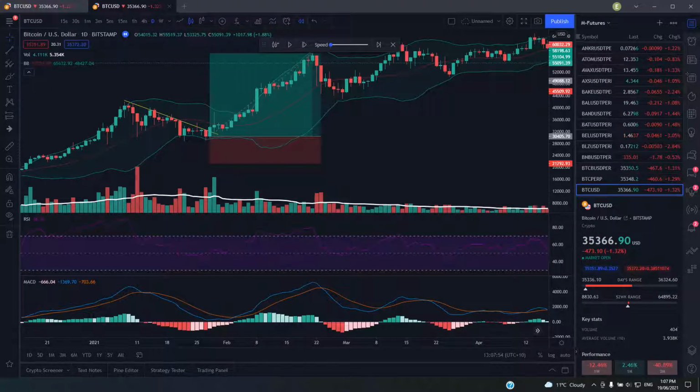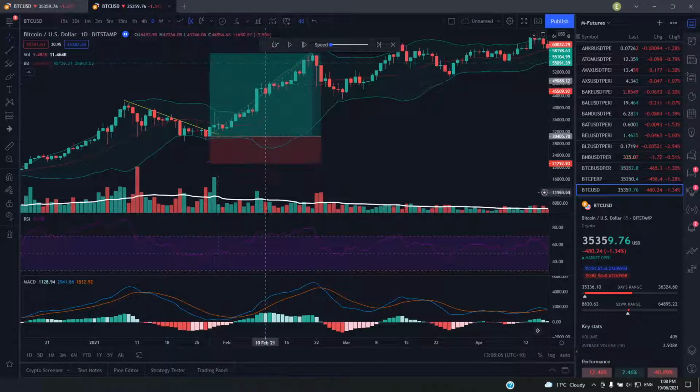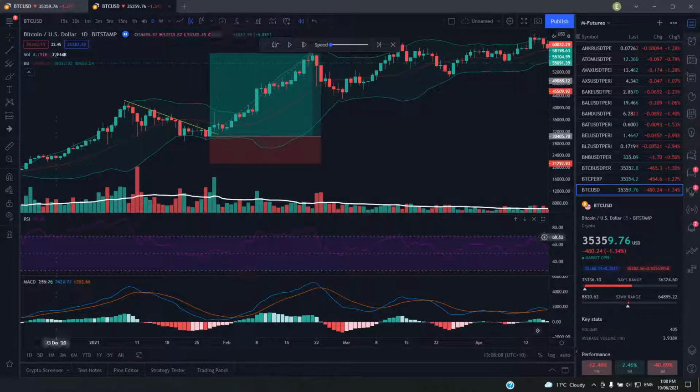So 4, increase in RSI to mimic price action, and 5, MACD to mimic price action.